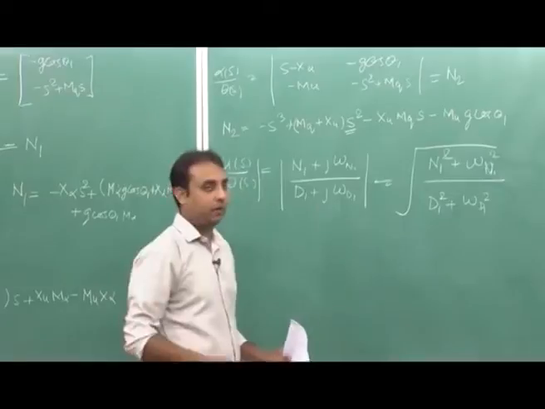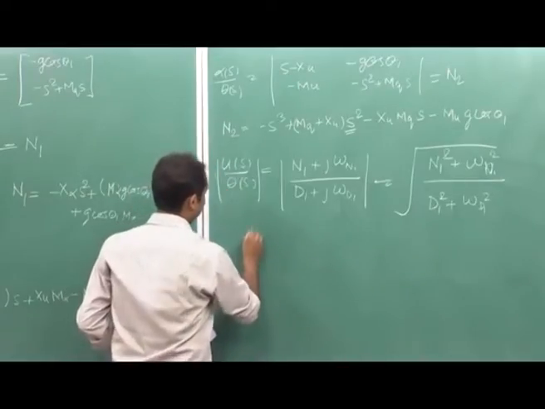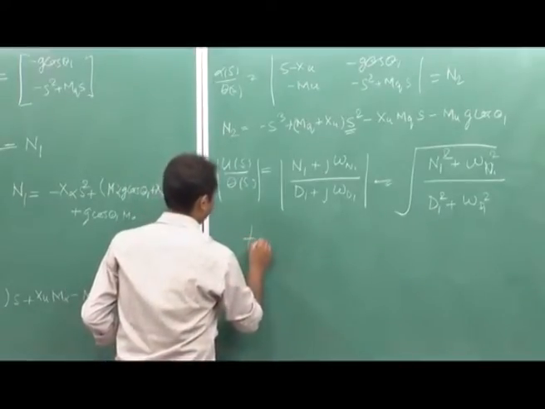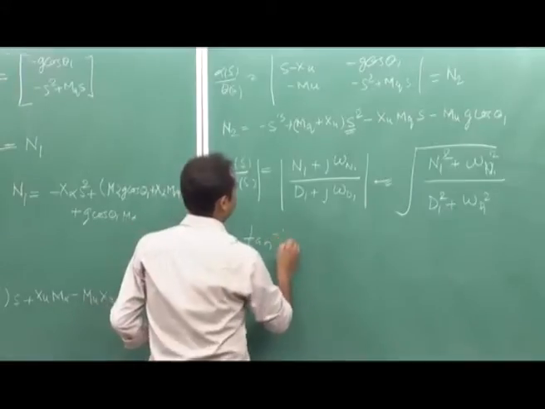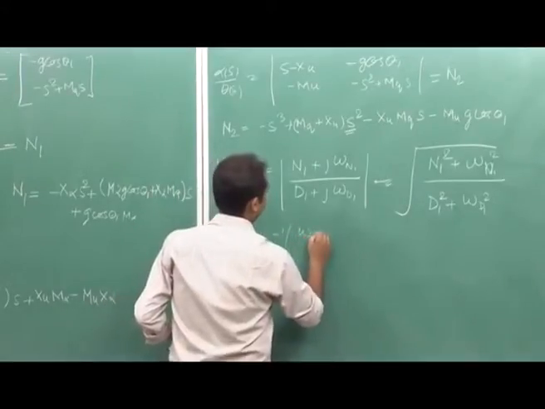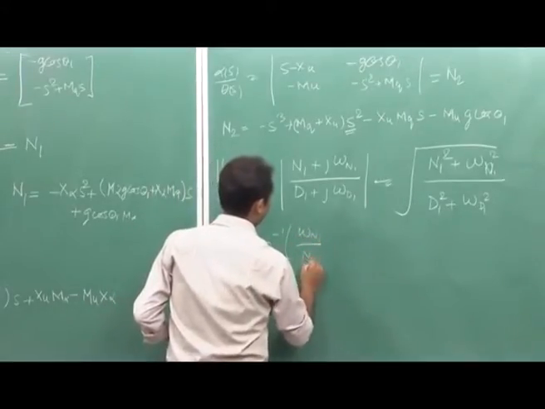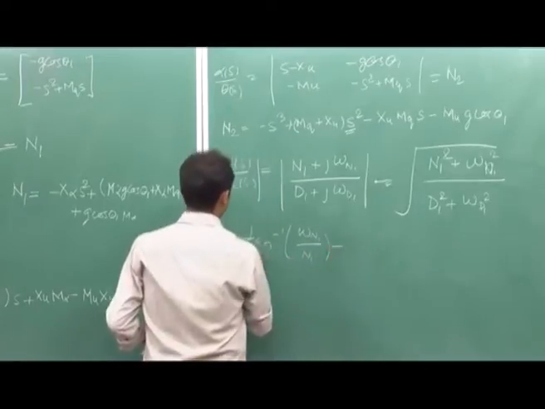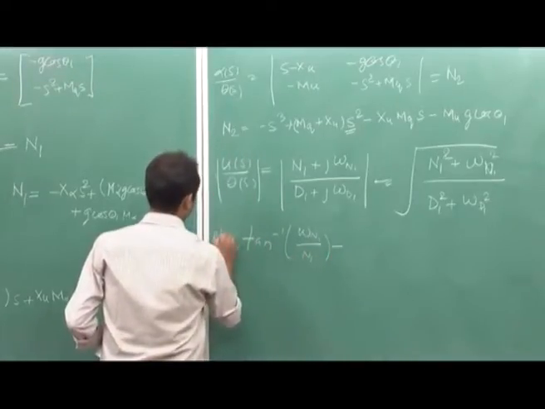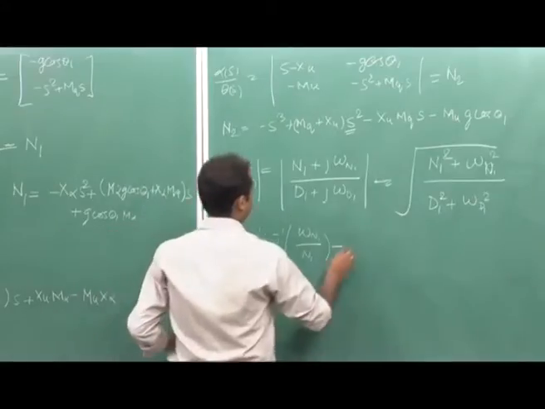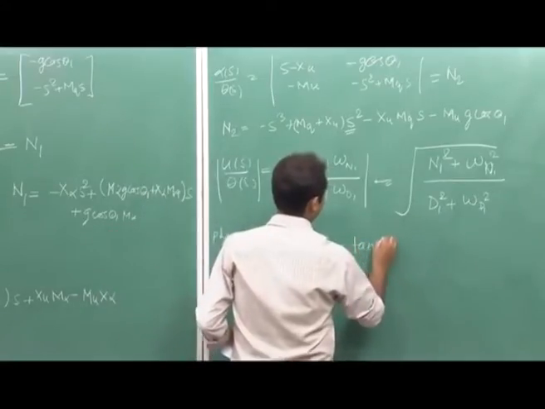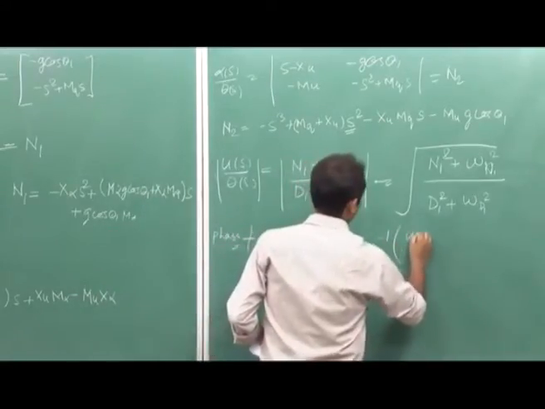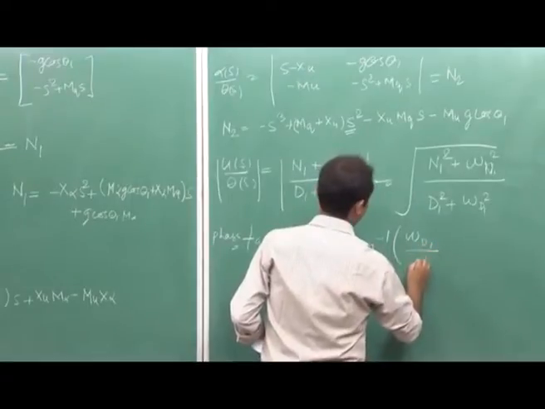And your phase will be tan inverse of omega N1 upon N1 minus tan inverse of omega D1 upon D1.